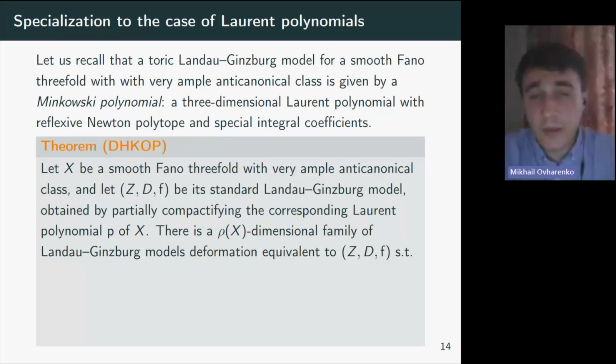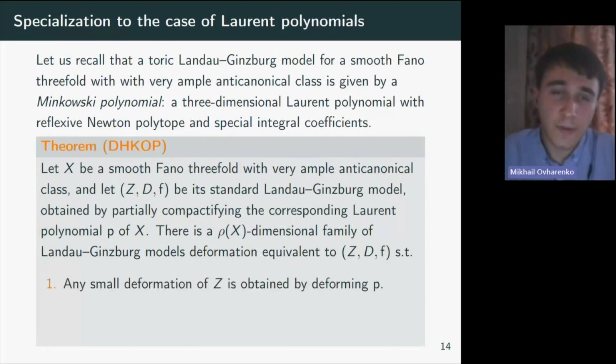And the claim is that there is a family of Landau-Ginzburg models of dimension precisely the Picard rank of X, which is deformation equivalent to our standard Landau-Ginzburg models in such a way that, first of all, any small deformation of our total space is actually obtained by deforming just the Laurent polynomial itself.